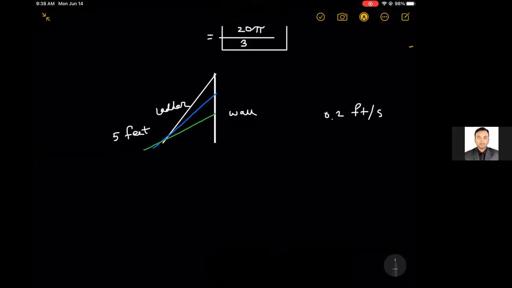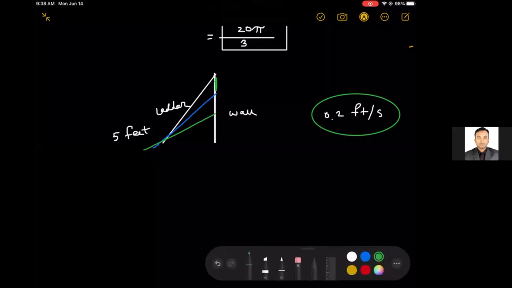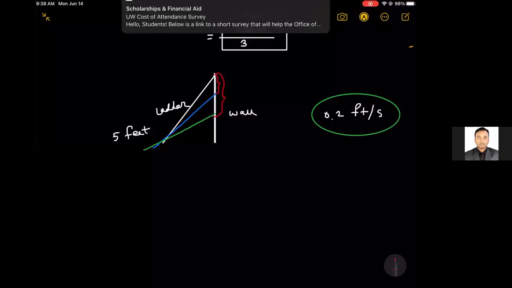So the question says I've started pulling the foot of the ladder from the wall at a rate of this. And the question is, how fast is this going down this way? Let me use another color. The rate of change here: how fast the ladder is sliding down.